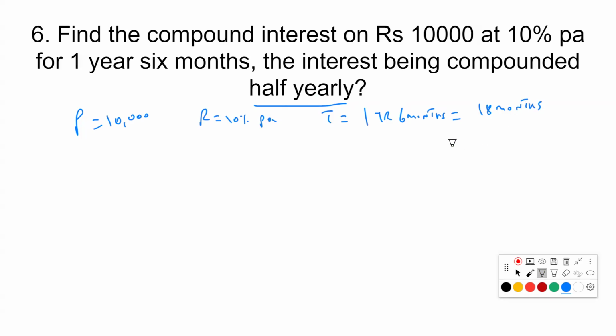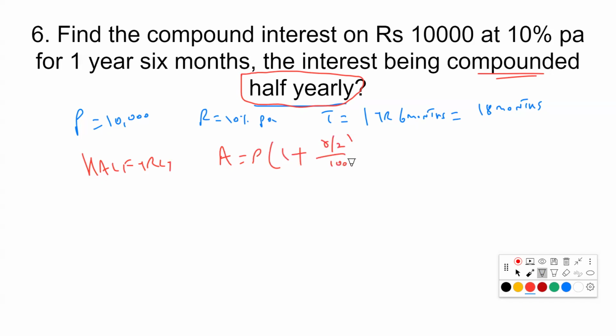And the most important thing, compounded half yearly. This is very important. And what is your half yearly formula? Amount is equal to P into 1 plus R by 2 by 100 power 2 times, because it is half yearly.